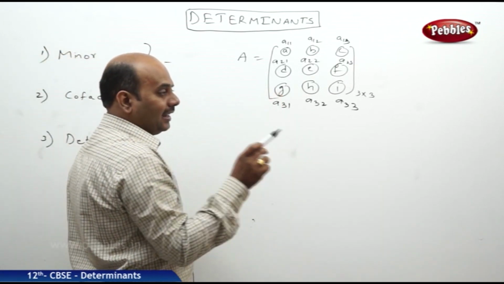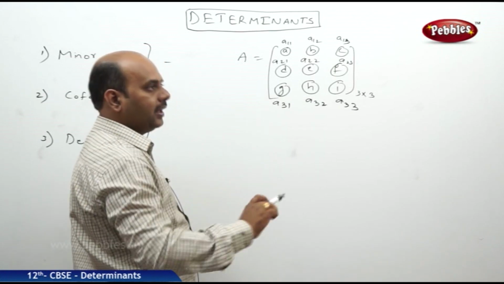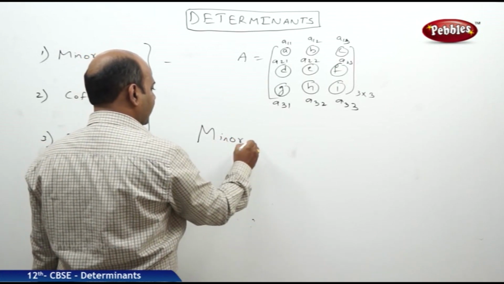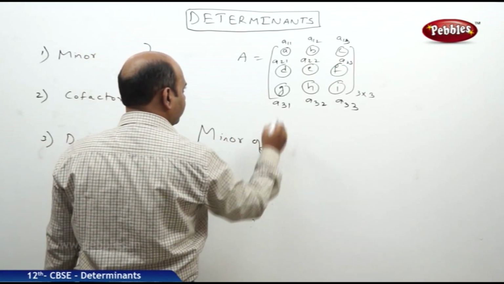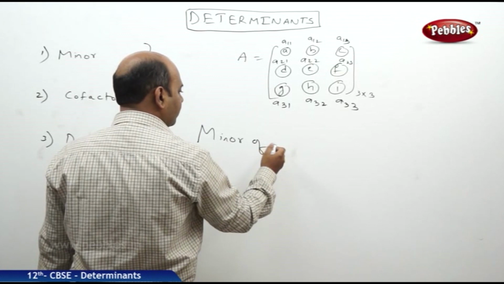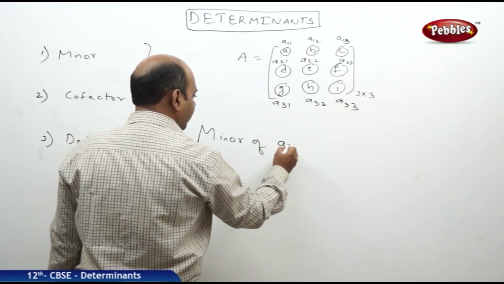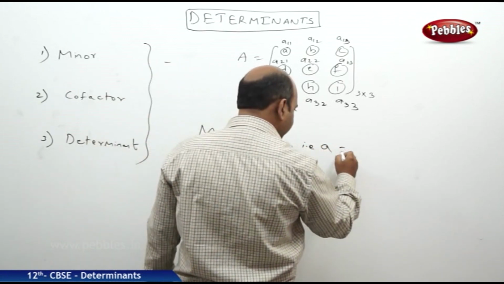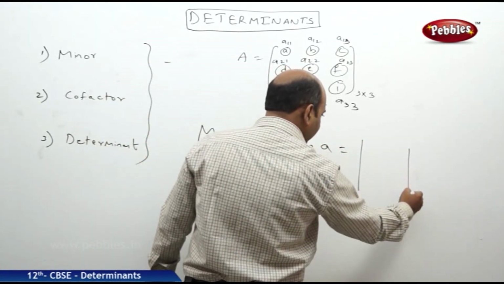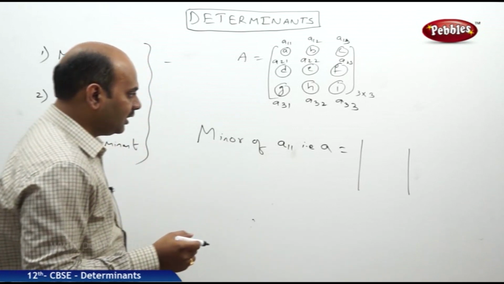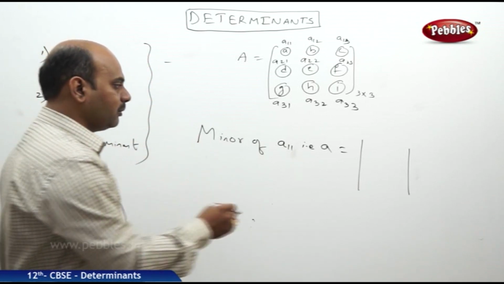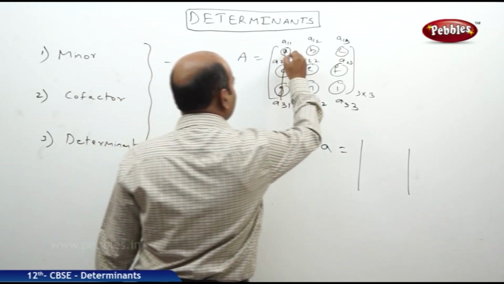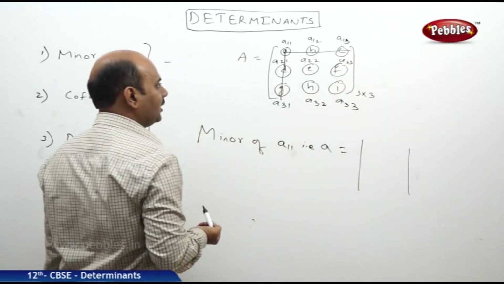Now, I want to find the minor. Minor is a term associated with an element of a matrix. If anyone asks you to find the minor of the first row first element, that is a11, that is a. How can you find it? It is nothing but the determinant of the 2 by 2 matrix obtained by deleting the corresponding row and corresponding column.